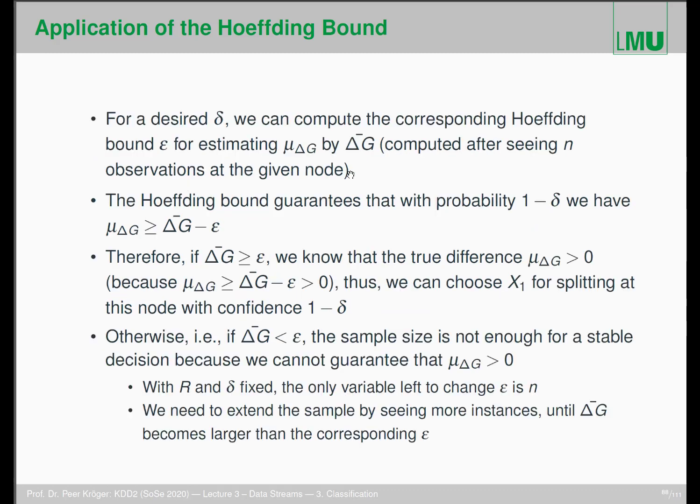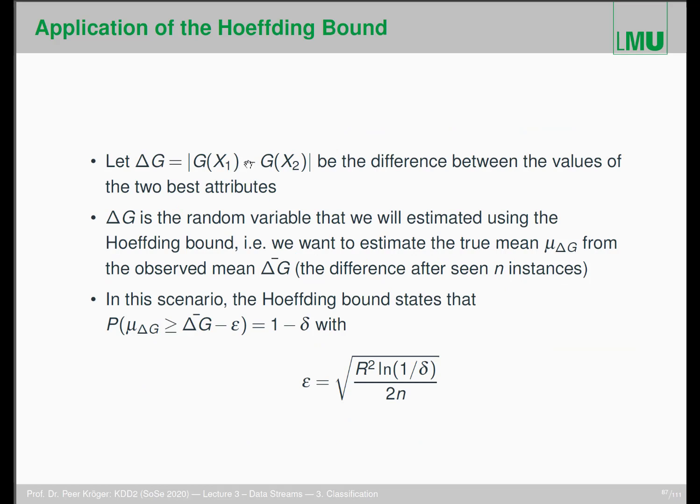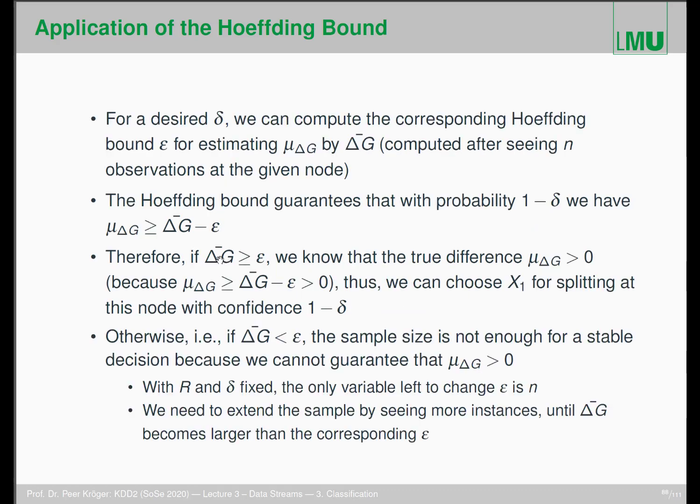And now the Hoeffding bound guarantees that we have this equation. So if delta G, which is computed from G of x1 and G of x2 after n observations, is above epsilon, we know that the true difference is greater than 0, because we have this inequality here. This inequality comes from the Hoeffding bound with confidence 1 minus delta.